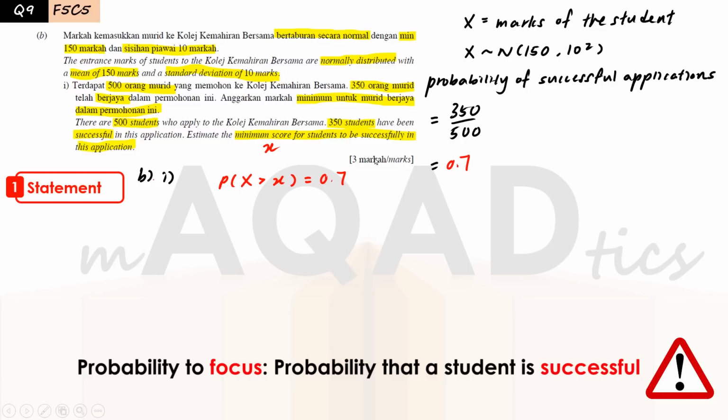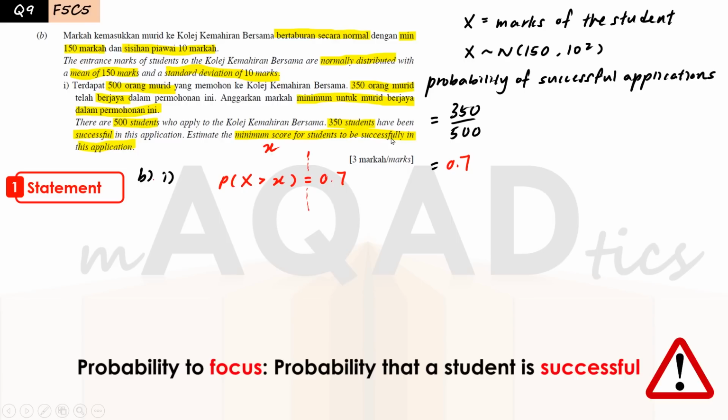To recap how we get this probability statement, I will split it into two parts to explain. The first part, on the left side, is that to set this probability statement, we need to relate it to the minimum score. Usually students who achieve this minimum score are successful.